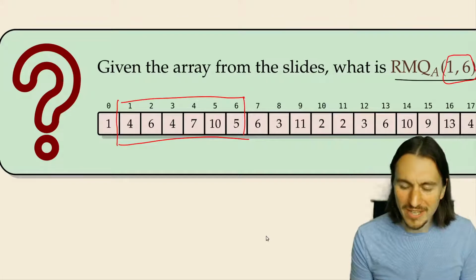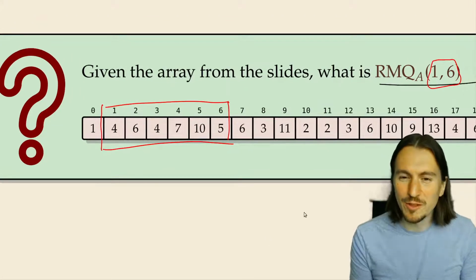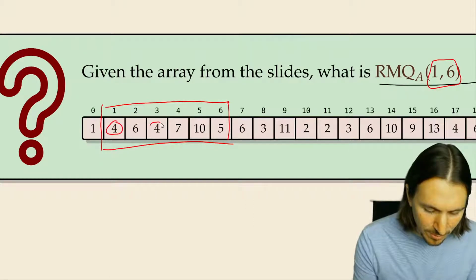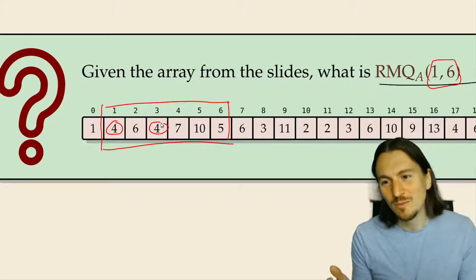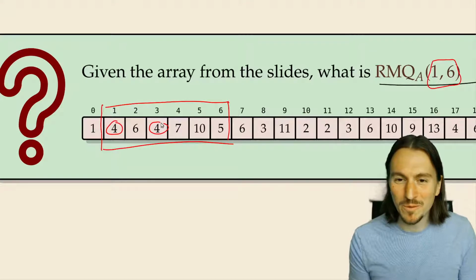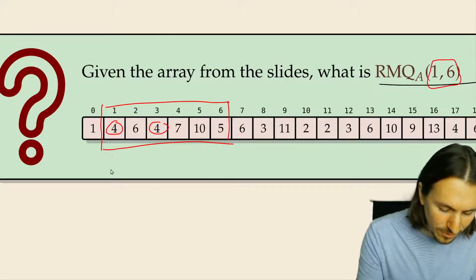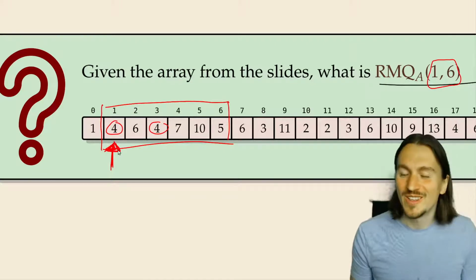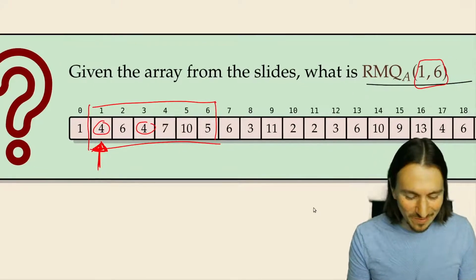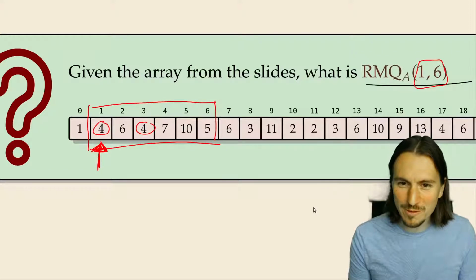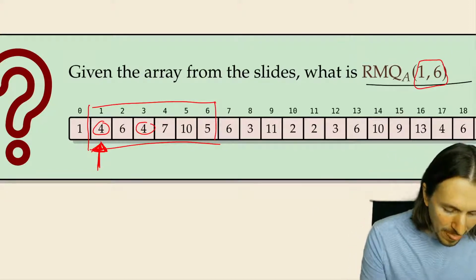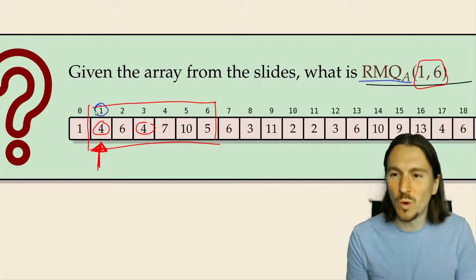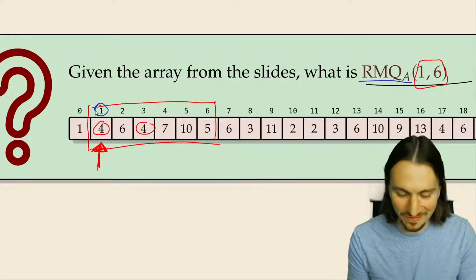And now we're looking for the minimum in this range. Well, 4 seems to be the smallest number. It occurs twice, but remember the second nitpick, we always report the first occurrence. So this is where our minimum is. And then the last nitpick, we don't report 4, we report the position. So that's this 1. So 1 is the answer.